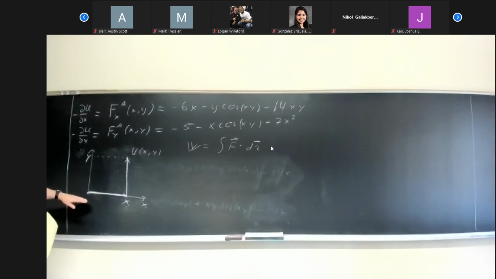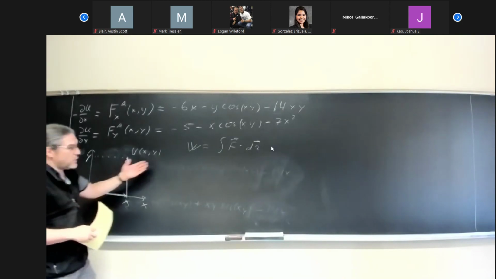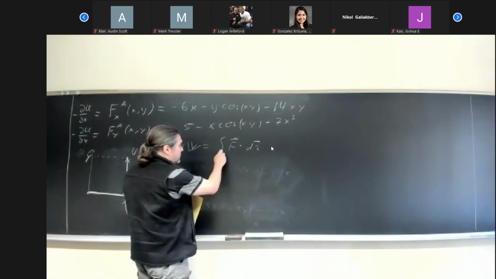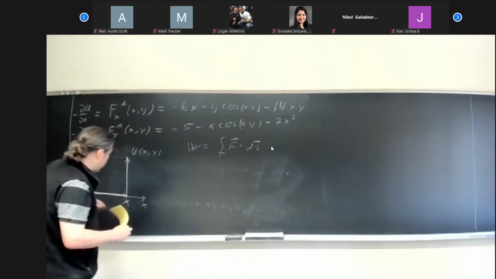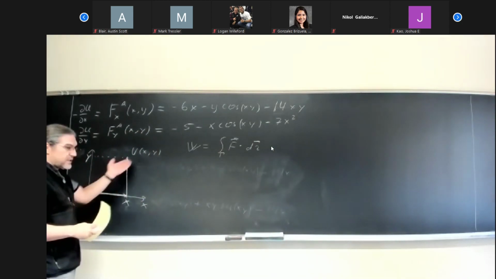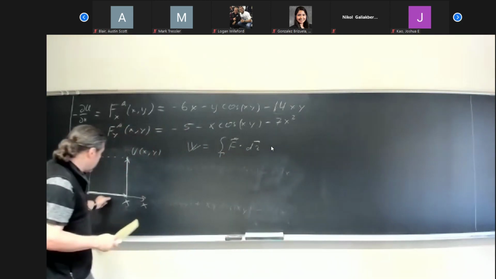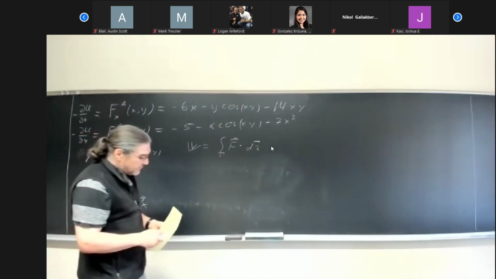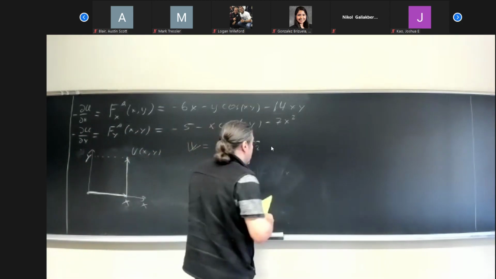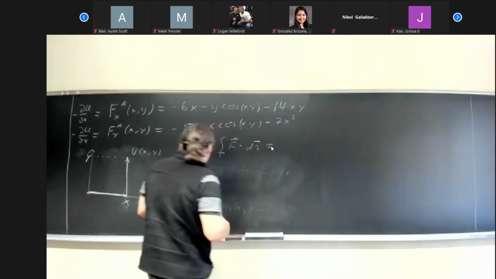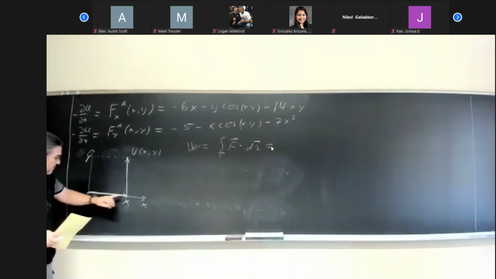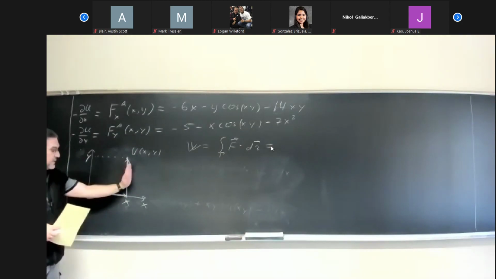So then what do I have here? I need to take this integral along some path. Here's my path. I need to split it into little pieces and compute for each little piece f times dr, and just sum them up. So that's exactly what I do. First, what I notice is that my path has two distinct pieces.